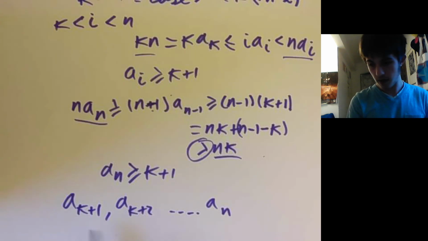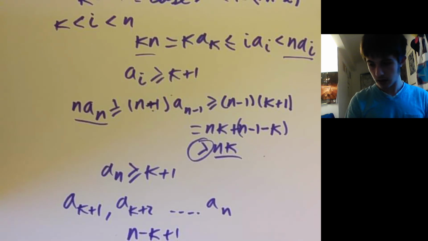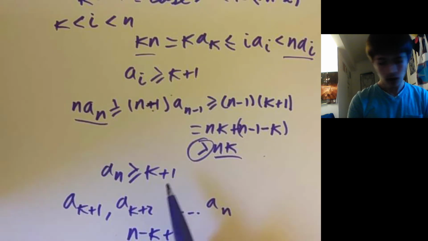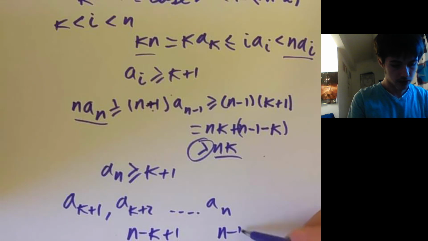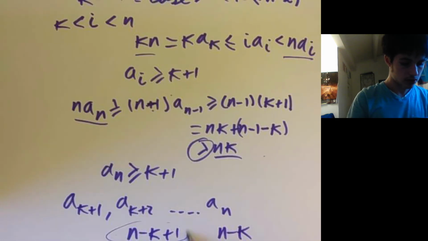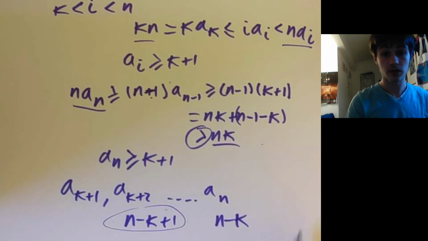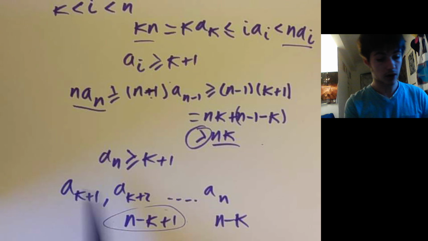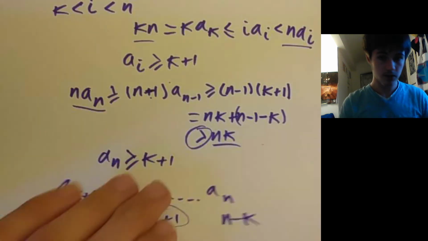In total we have n minus k elements. And how many values are there left bigger than or equal to k plus 1? Those are n minus k minus 1. So we just don't have enough choices for all of these. So we reach a contradiction.